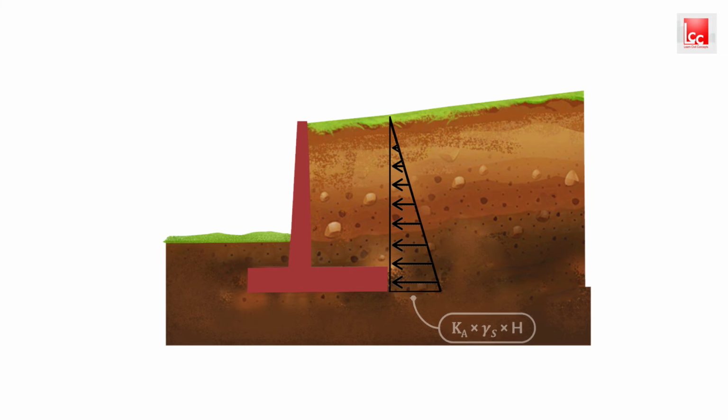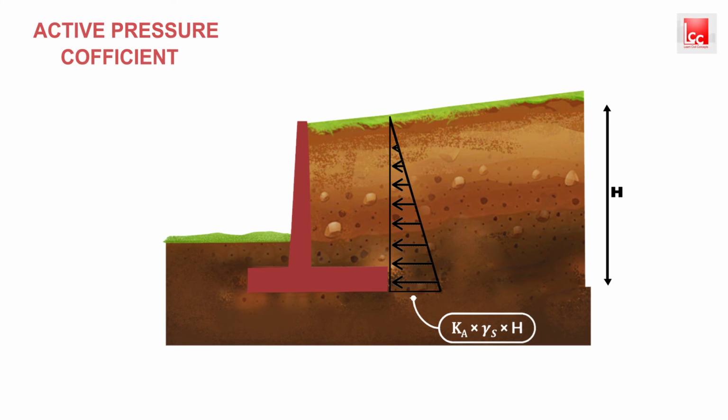The intensity of the pressure at the bottom will be found by Ka times gamma s times h. In this, h is the total height of the backfill, gamma s is the unit weight of the soil, and Ka is the active pressure coefficient based on Rankine theory, calculated by the expression given in the model as Ka equals (1 minus sin phi) by (1 plus sin phi).